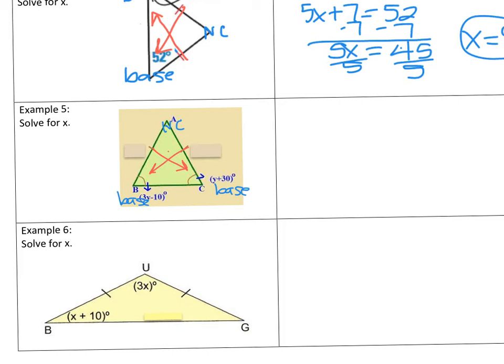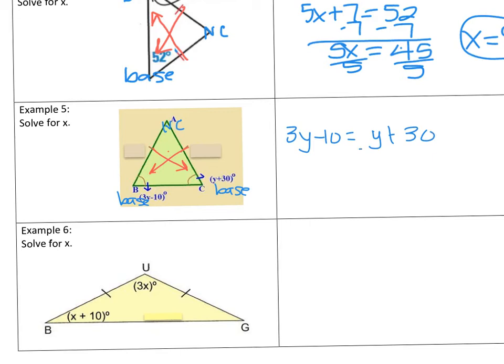So I'm not going to use that top angle because there's no information there. But I do know about my bases. Base 1 is 3y minus 10. Base 2 is y plus 30. Those are both bases, so they are equal. So 3y minus 10 must be equal to y plus 30.